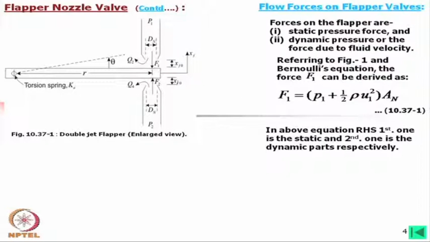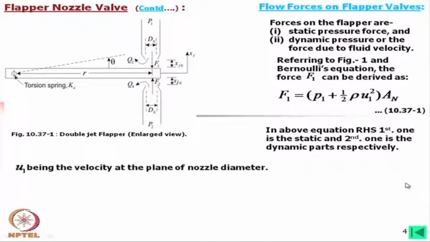In the above equation, on the right hand side, the first term is the static and the second is the dynamic part. So P1 AN is the static force and half AN rho U1 square is the dynamic force, U1 being the velocity at the plane of the nozzle diameter.